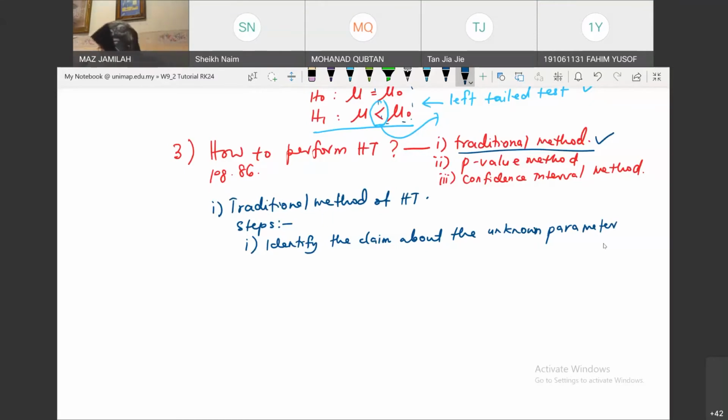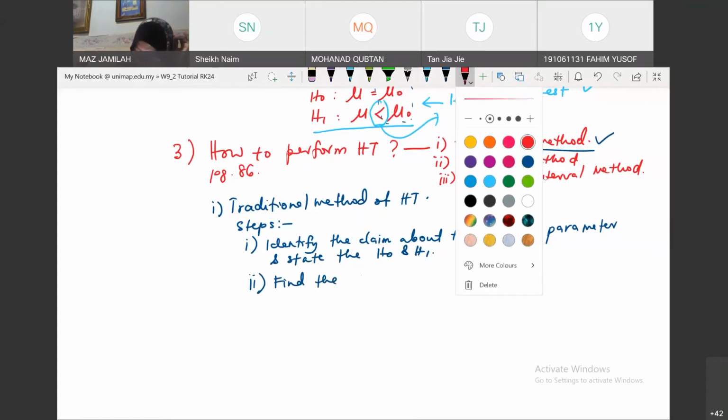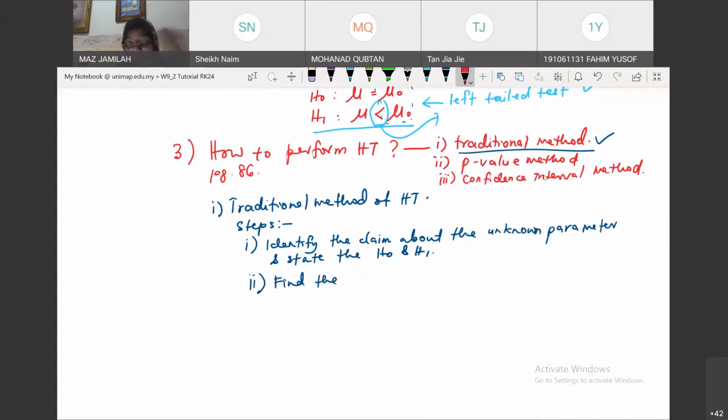And of course, you have to state the statement: state the H0 and H1. Second, what you need to do is find the critical value. This critical value is the one that we have discussed in the previous chapter.